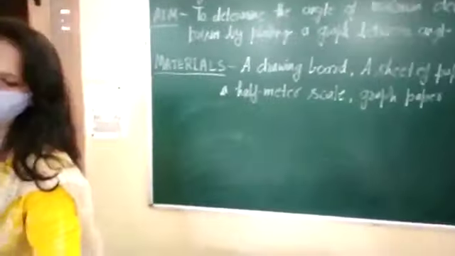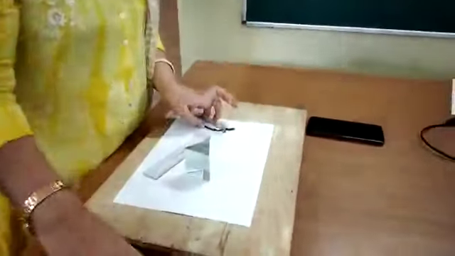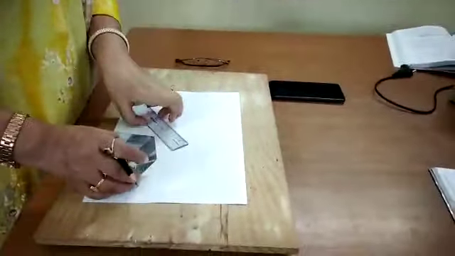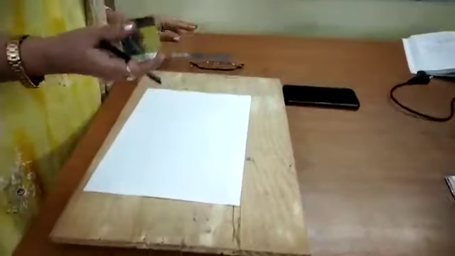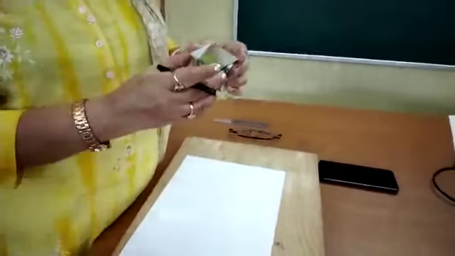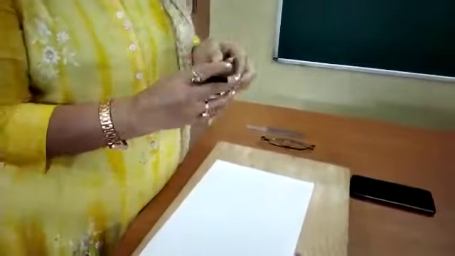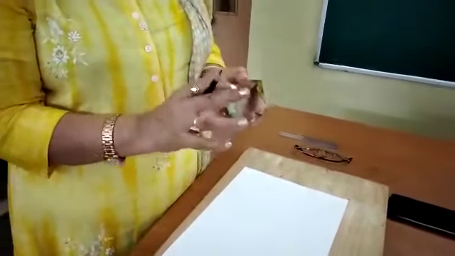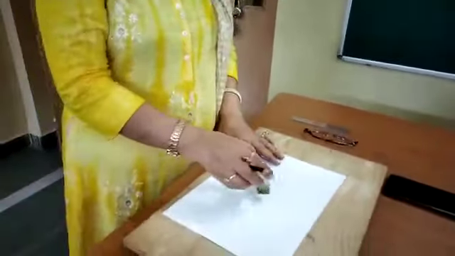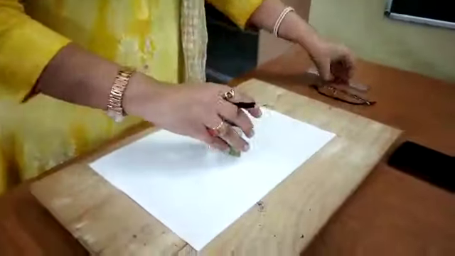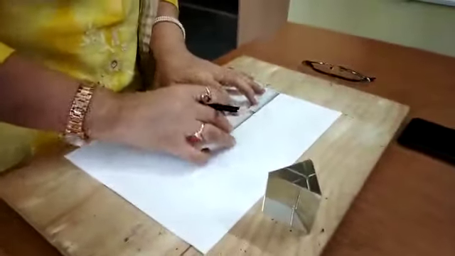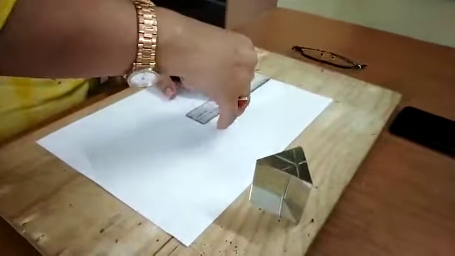Now, this is a drawing board. This is a glass prism. All of us know that a glass prism has two triangular surfaces and four rectangular surfaces. We have to first draw a line over here.